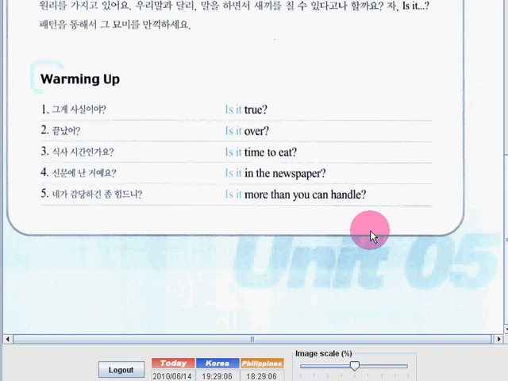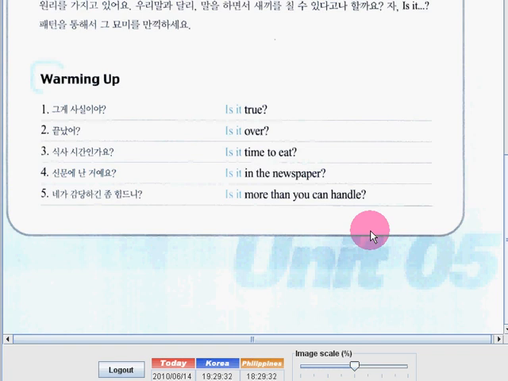I'm using it as my subject, and I'm asking if that thing is for me. So is it for me? Okay, now it's your turn. What is your sentence? Okay, very good. So you see, our pattern today is very, very easy.